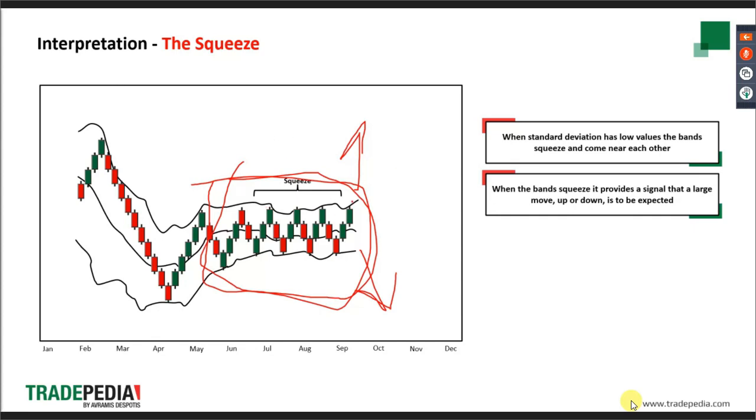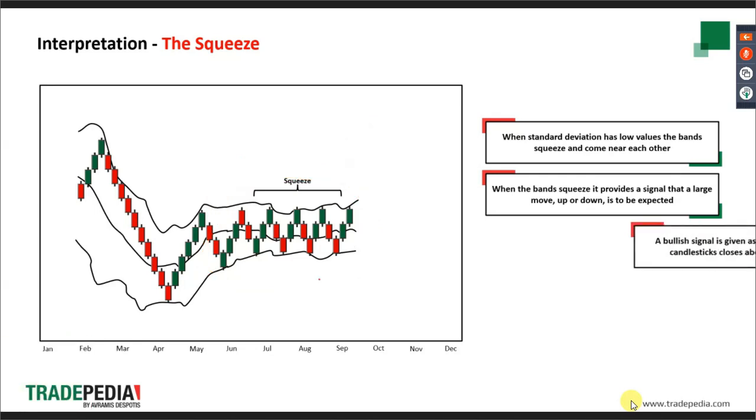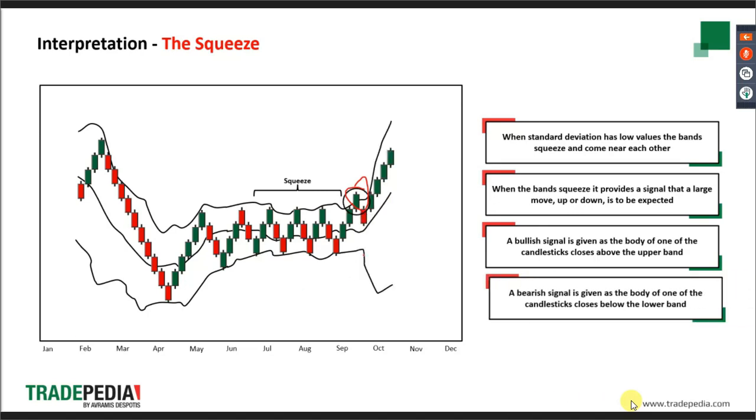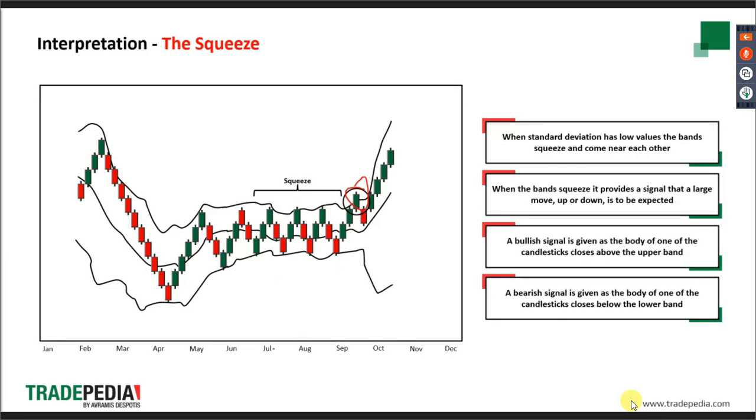If it closes above the Bollinger Band, it's a signal to go long, like right here. You wait for the close, and then a bearish signal is given when the price breaks below the lower band here.